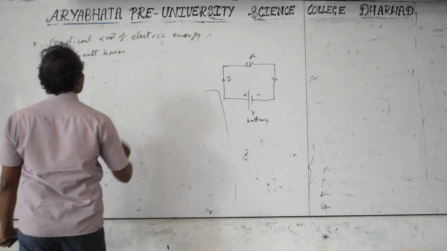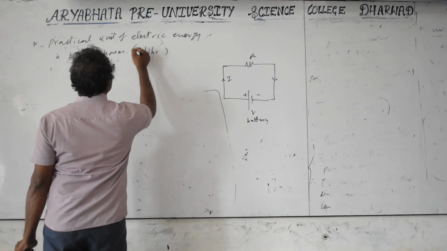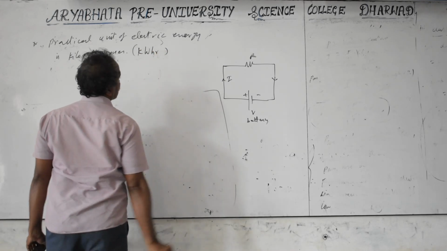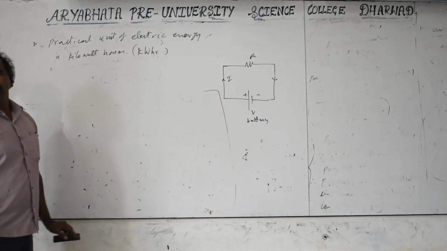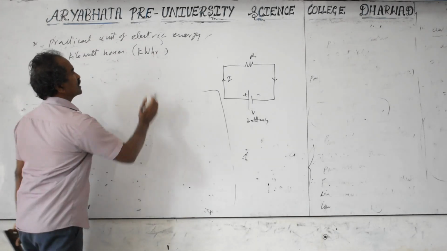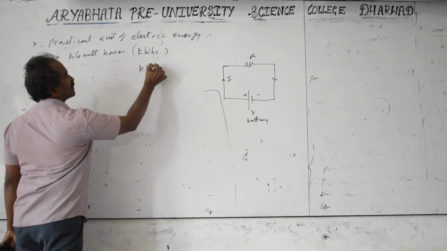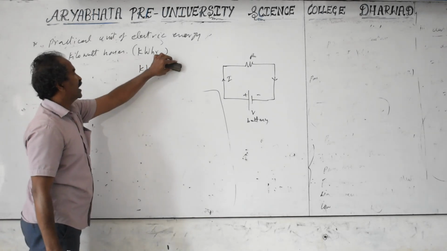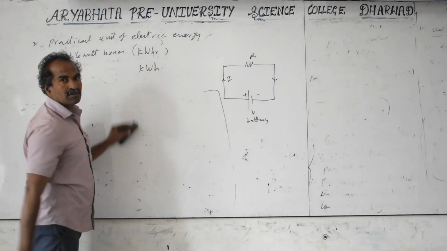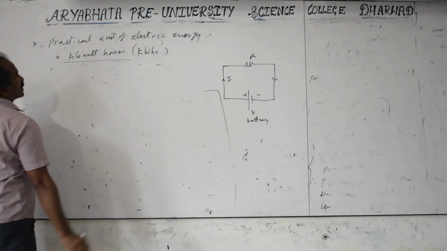Practical unit of electric energy is kilowatt hours. The symbol is kWh, with capital K, small W, and small h for hour. Sometimes only h is written. Kilowatt hours. Kilo means 1000 watts.